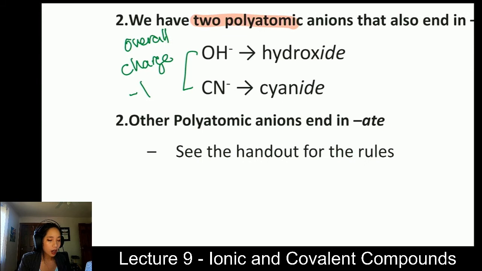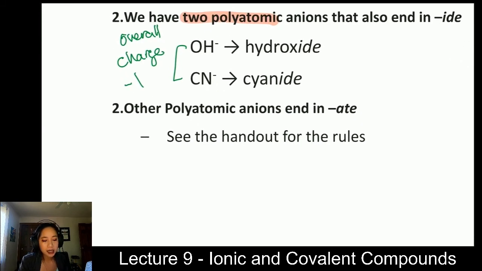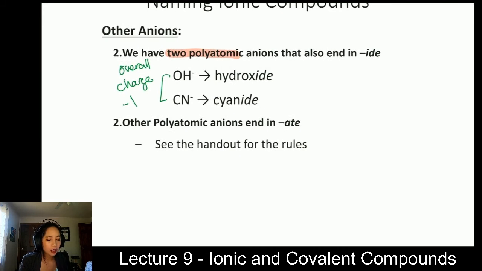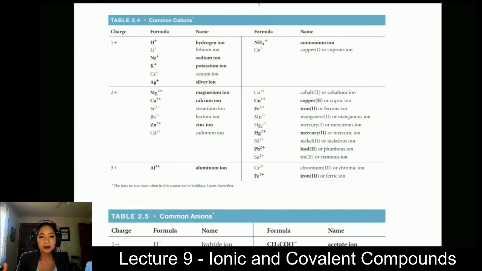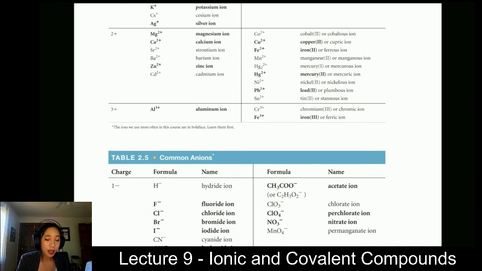And then there are some other polyatomic anions that end in the suffix ate, so see the handout for the rules there. There's sulfate, nitrate, chlorate. I'm not going to have you memorize the polyatomic anions. On different examinations, I will give you this name and compound sheet. I don't think it's beneficial for you to memorize these, but I want you all to be able to understand how to use them.